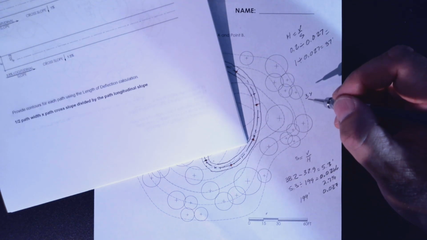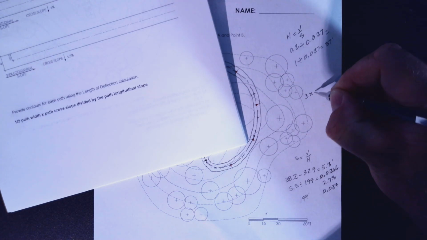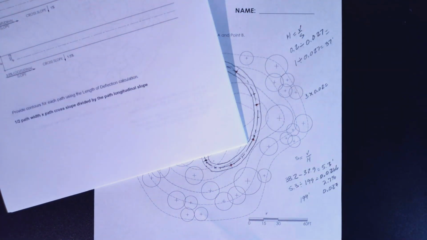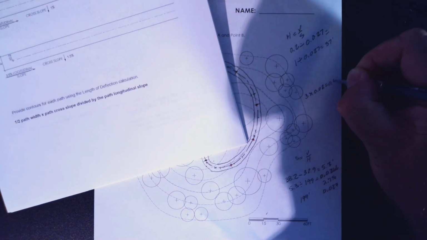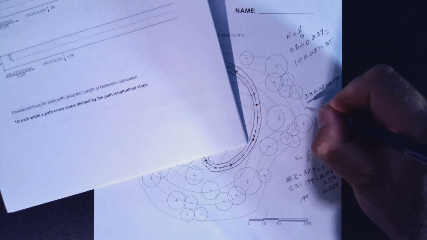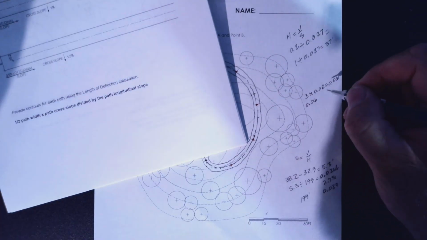Path cross slope is 2%, so times 0.02. 3 times 0.02 equals 0.06.